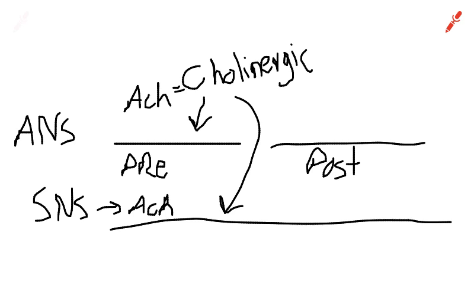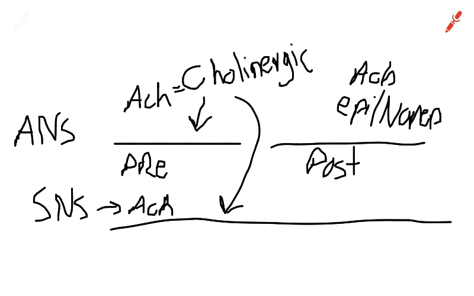Now, the postganglion can either release acetylcholine, or it can release epinephrine or norepinephrine. It has the options. So these are the different reactions, and if it releases epinephrine or norepinephrine, it's called adrenergic. So cholinergic always releases acetylcholine, thus it's the preganglion, or it's this one, because it releases acetylcholine.